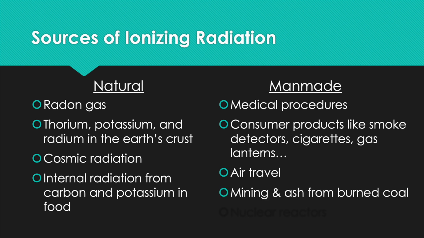And then mining and ash from burned coal will also have some ionizing radiation in it, as well, of course, as what we think of normally as nuclear reactors. Now, most of the radiation put out by these sources is what we call natural background radiation. So there's always a certain level of radiation that we're surrounded by all the time.